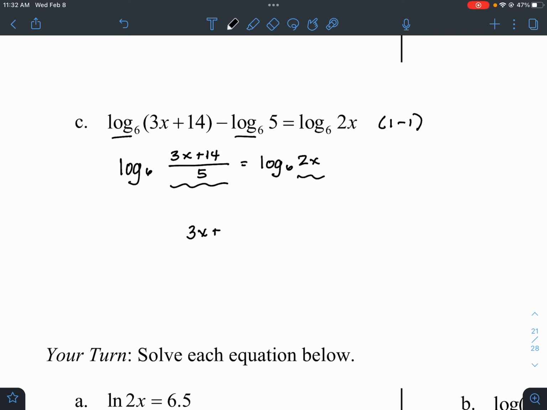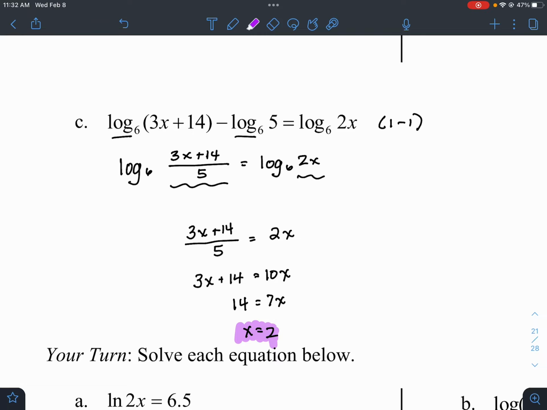So (3x plus 14) divided by 5 equals 2x. Multiply both sides by 5 to eliminate the 5. We get 3x plus 14 equals 10x. I'm going to subtract 3x from both sides, so I get 10x minus 3x is 7x. Divide both sides by 7, x is 2.